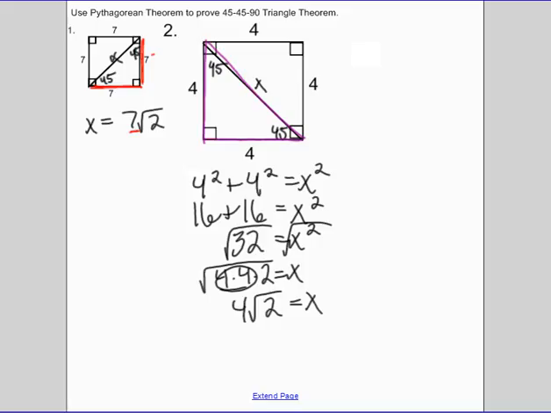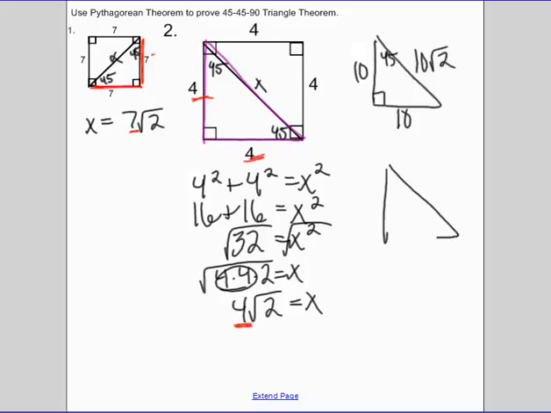I also want you to notice, look at it, it's 4 radical 2. Notice the side lengths were both 4. If I make up some here, if this was 10s on a 45, 45, 90, the hypotenuse would be 10 radical 2. If I had another right triangle and I did Pythagorean theorem and the 2 legs were both 8, I know the hypotenuse was 8 radical 2.